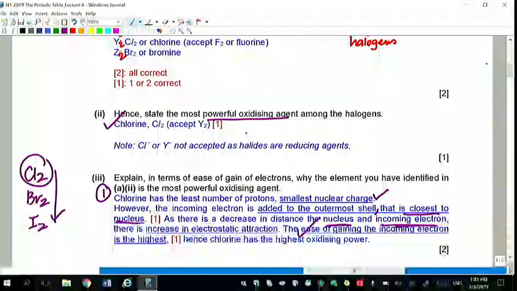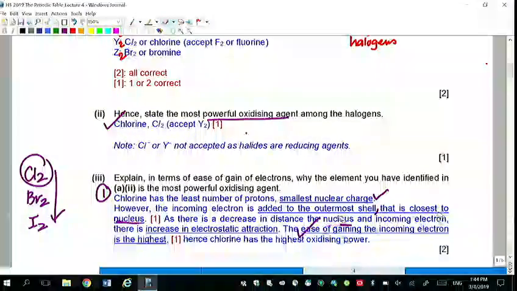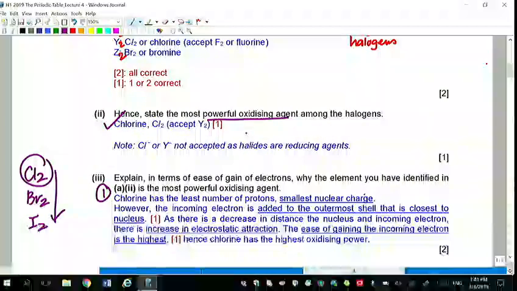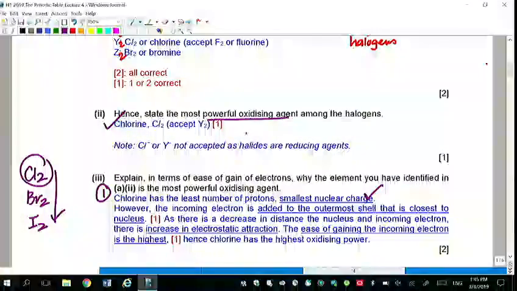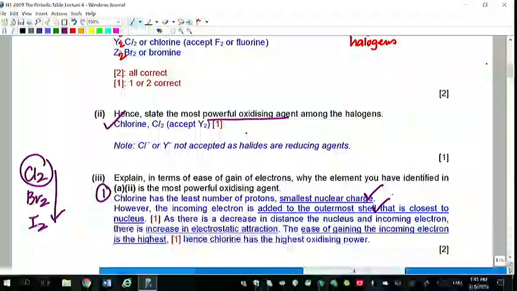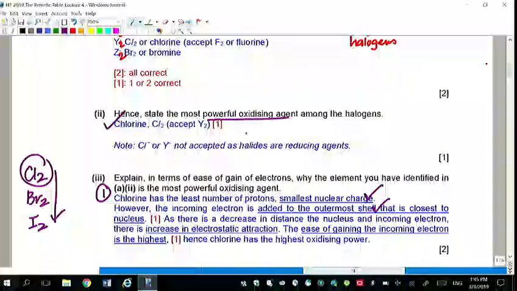Can follow? Need to repeat? Now, let me repeat this again. Even though chlorine has the smallest number of protons, which means the smallest nuclear charge, the incoming electron is added to the outermost shell that is the closest to the nucleus as compared to bromine and iodine.